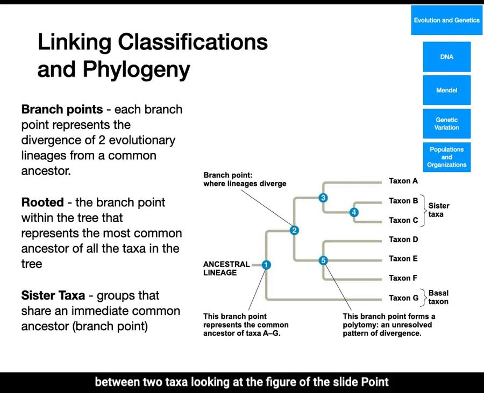Looking at the figure on the slide, point number 4 represents the common ancestor of taxon B and taxon C. Point number 3 represents the split between taxon A and the common ancestor of B and C. Point number 5 is said to be an unresolved branch point, from which more than 2 descendant groups emerge, but the evolutionary relationship is unclear.